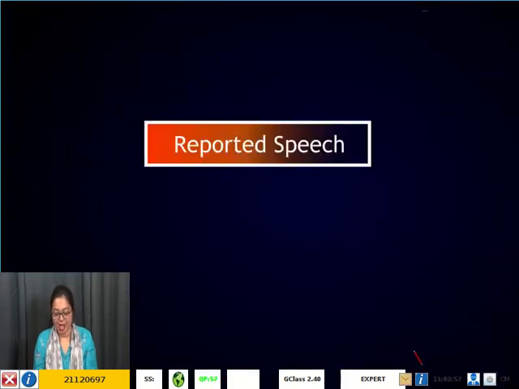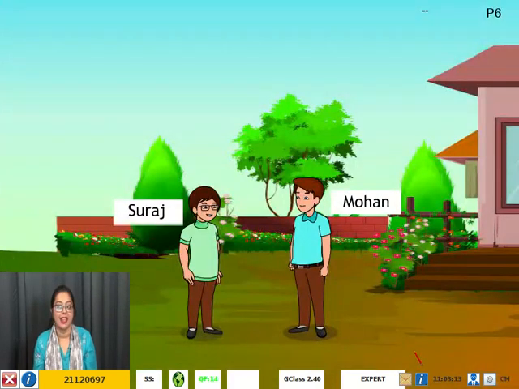Great. Now, as you all know, I've given you lots of examples till now about direct and indirect speech. So today's topic of discussion will be reported speech, which we call indirect speech. I have made clear graphs, and I hope you all have got a clear grasp of what direct speech and indirect speech are, how to differentiate them, and how to convert from direct to indirect speech.